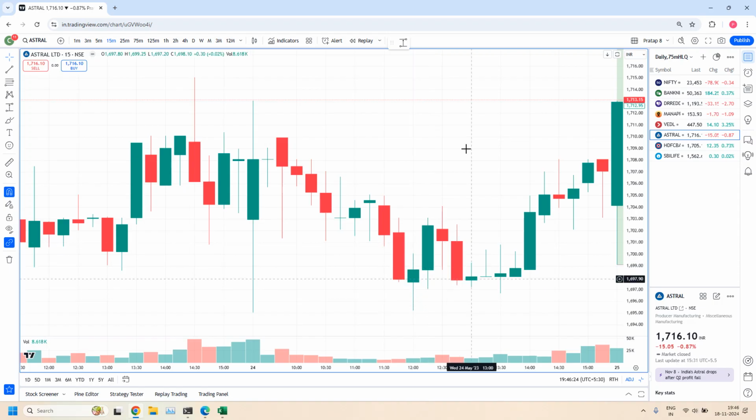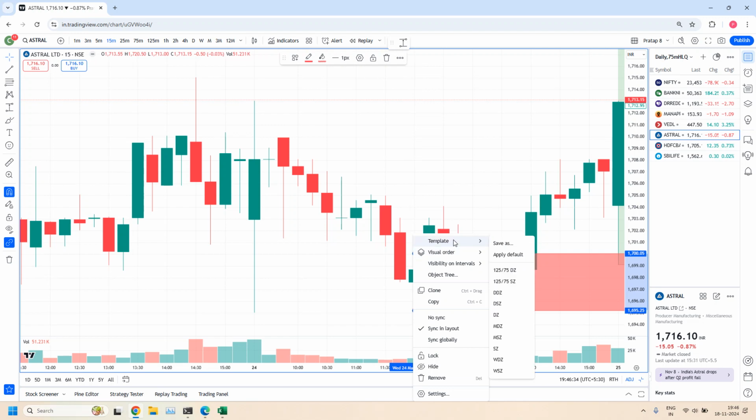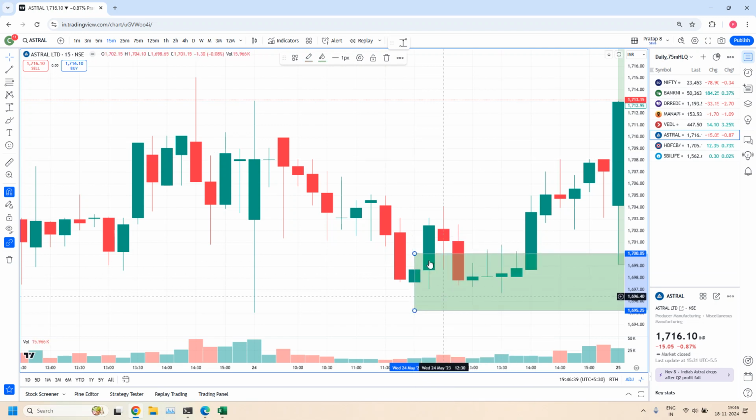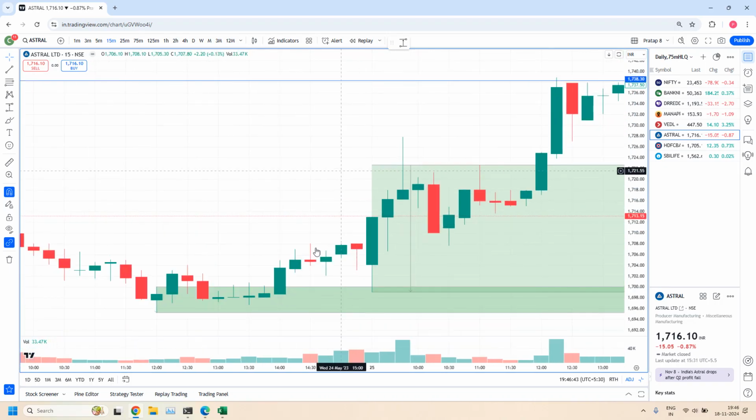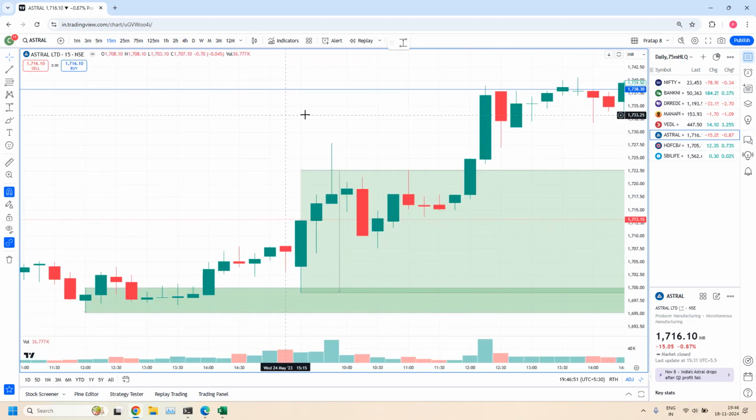So this is the one. This is the 15-minute zone. This is the 15 minutes demand zone, drop base rally. From this area, once again you see, drop again base candles rally. One more zone is created, LTF zones. Maybe this is the area we have strong.